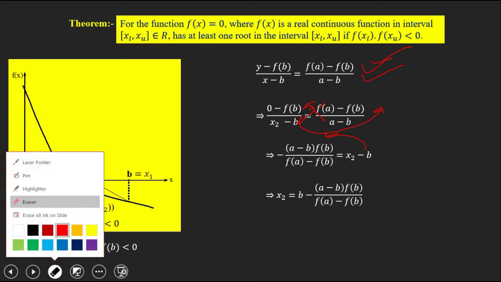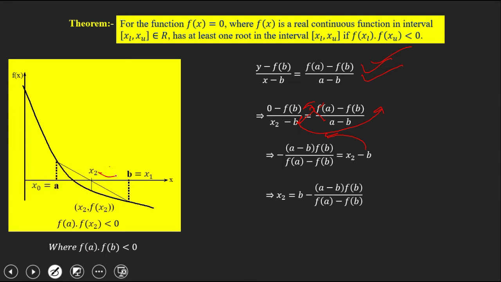So that's why we will ignore this interval, and next we will find another chord between f of x2 and f of a, and this chord also touches the x-axis at some point x3. Then we will find the equation of this chord, and then we will substitute this point as well: x is x3 and y is 0.